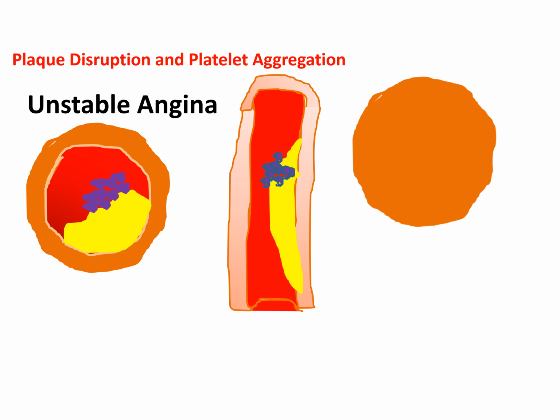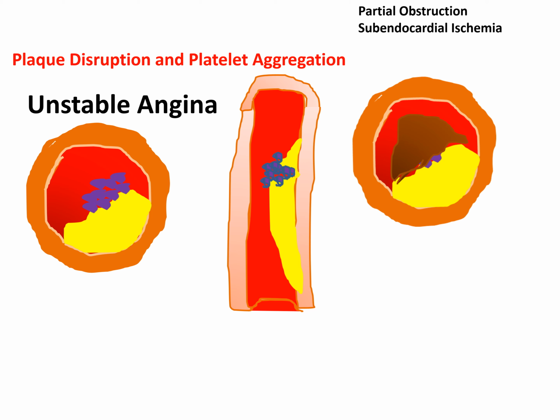The first is aggregation of the platelets and formation of a clot, but still the blood can get through. So here we have a partial obstruction, leading to ischemia in the subendocardial tissue. So just part of the wall of the ventricles is now damaged.